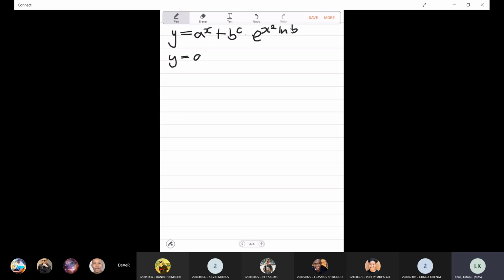Y is a to the power of x plus b to the power of c times e to the power of ln of b times e to the power of x squared. Okay, and e to the power of ln of b is just b.